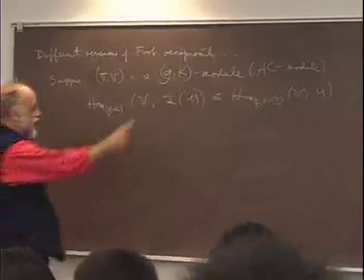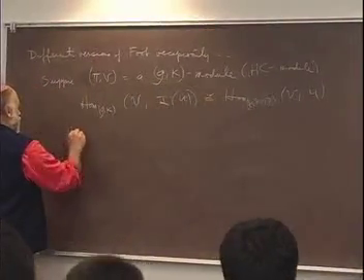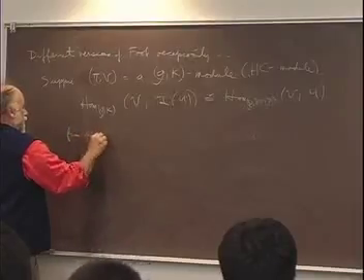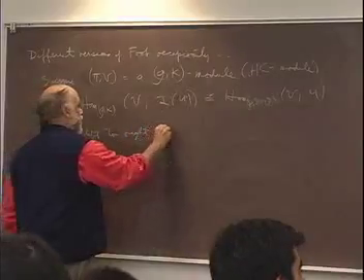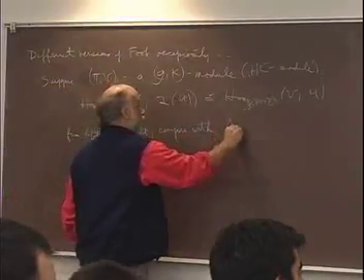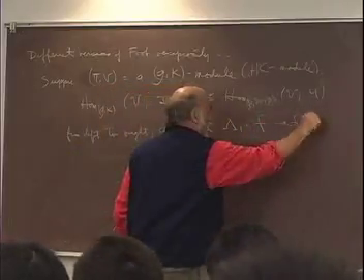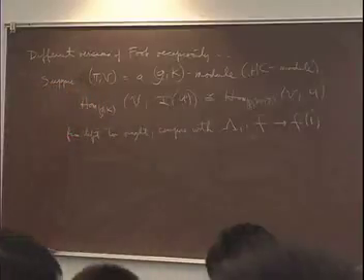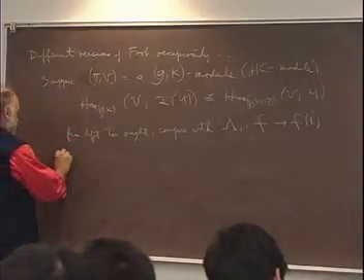And it's easy to see how to go from left to right, namely composed with lambda 1. But how do I go from right to left?